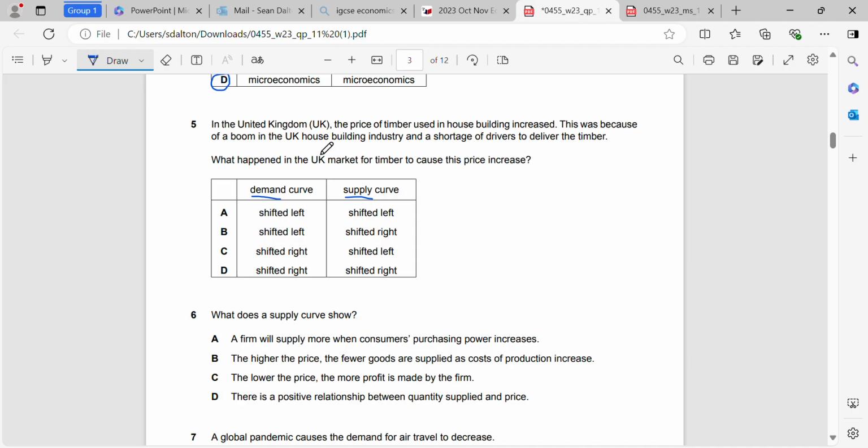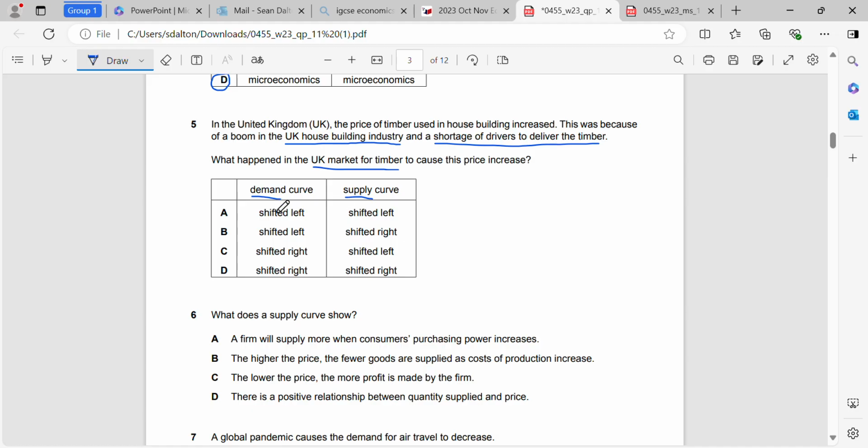Okay, so the price used in house building has increased. This was because of a boom in the UK house building industry and a shortage of drivers to deliver the timber. So we take it step by step. We take the first part first. So the UK house building industry has experienced a boom. How will that affect the market for timber? Well, timber will be used in the production of houses.